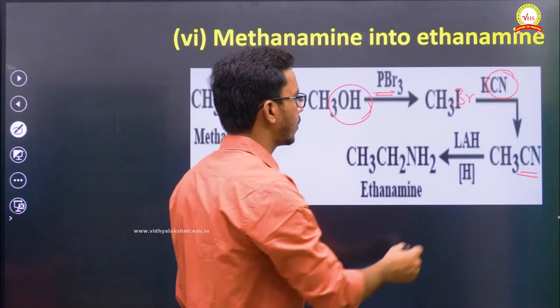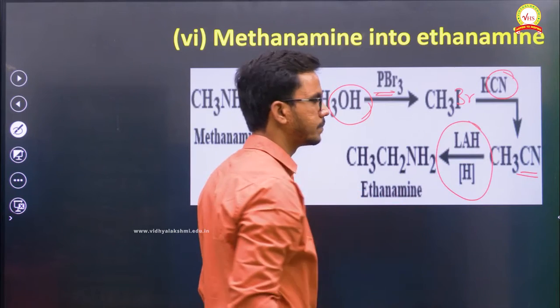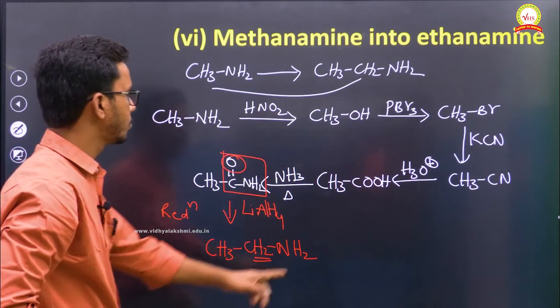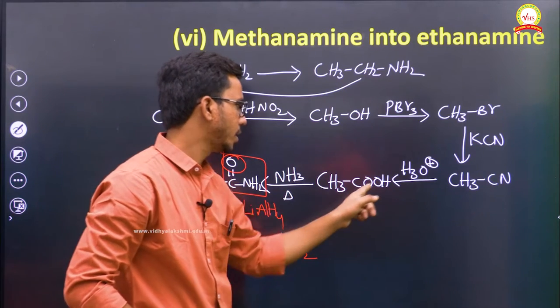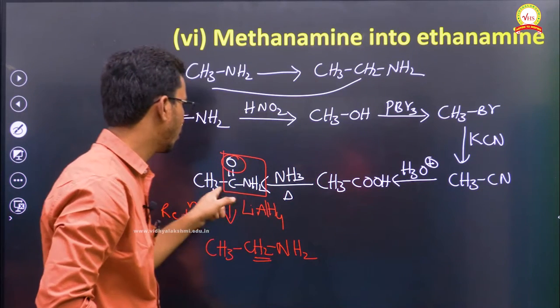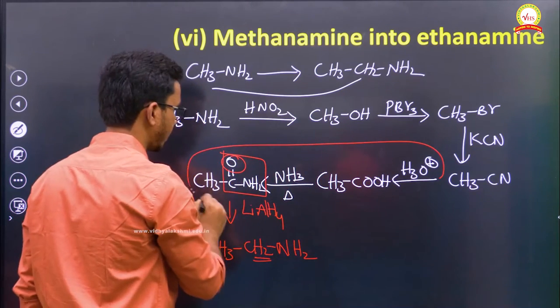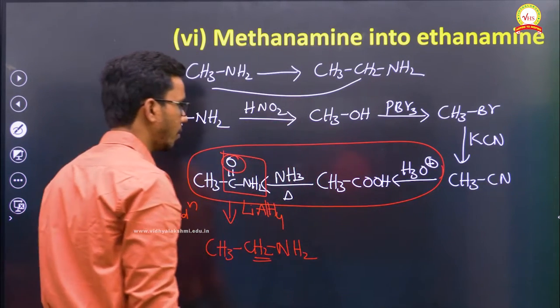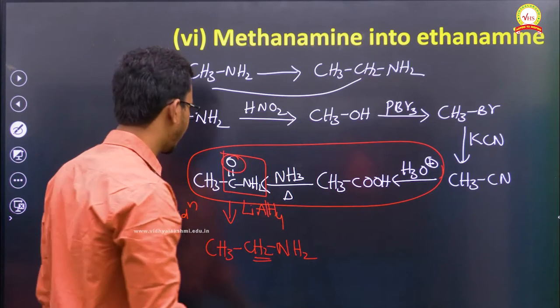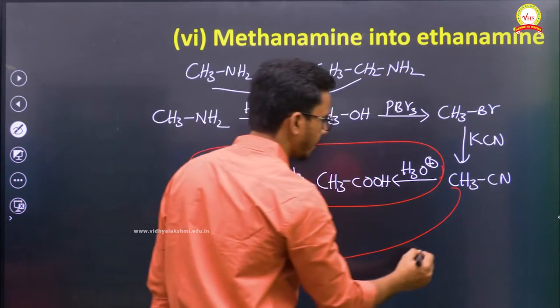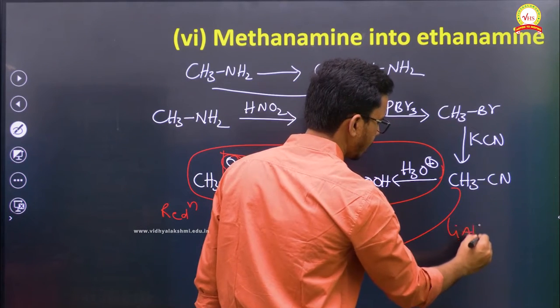Here instead of going through this COOH step, we have gone through the COOH step. Instead of that, we can directly go here. This step is extra step. We need not consider these two steps here. You can also go like this, but extra steps are there, or you can directly go like this itself. We can directly go like this by taking lithium aluminum hydride.